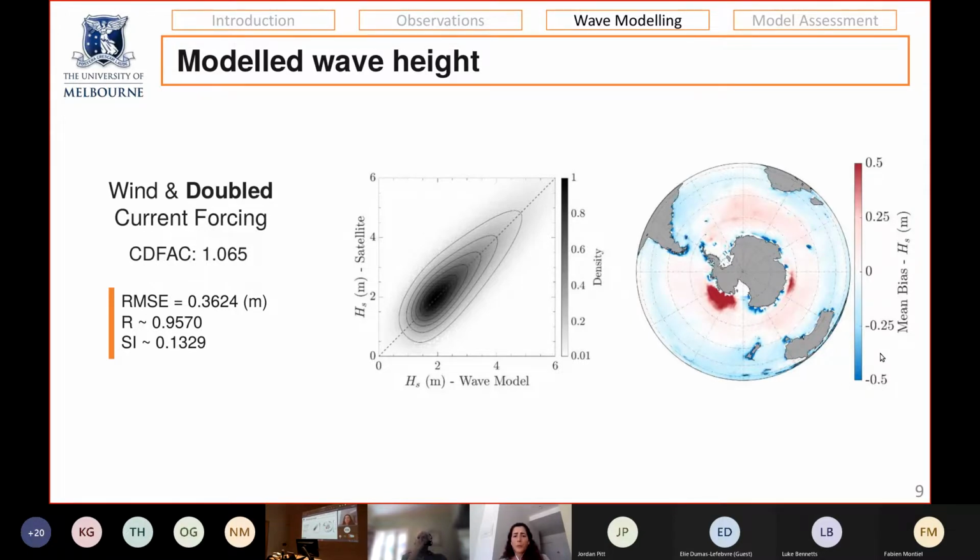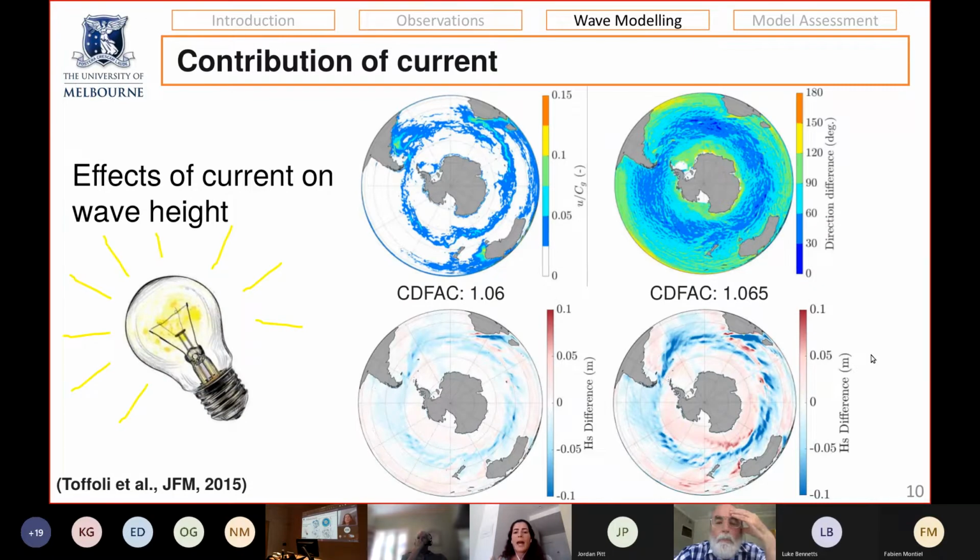So we thought, let's look at the basic physics of it and guess how much we should expect the current to affect our wave field. Here, I have plotted the dimensionless current speed, which is basically the current speed over the group velocity of the waves.